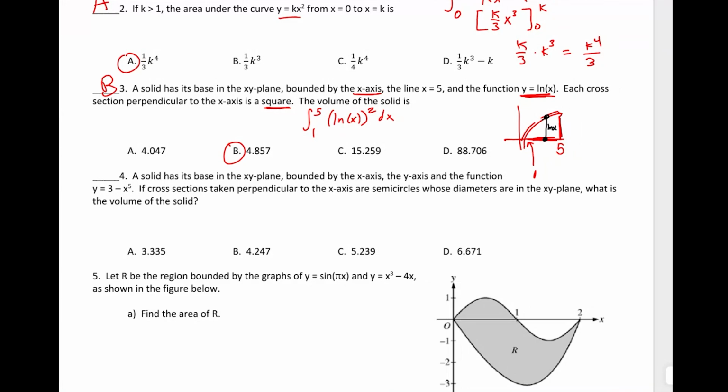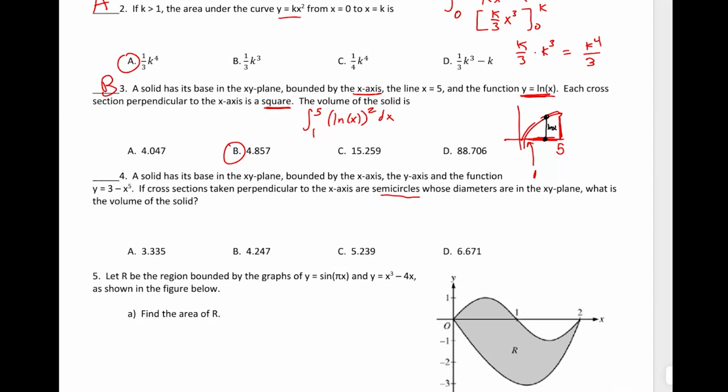Okay, number 4, we've got a solid has its base in the xy plane, bounded by the x-axis, the y-axis, and the function y equals 3 minus x to the fifth. If cross-sections taken perpendicular to the x-axis are semicircles, whose diameters are in the xy plane, what is the volume of the solid?